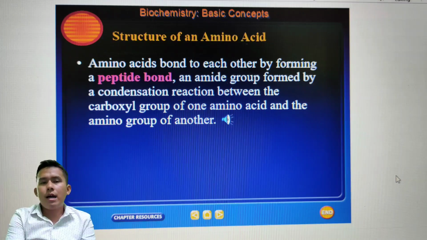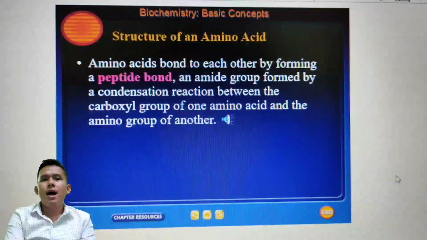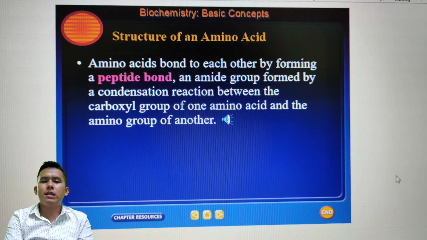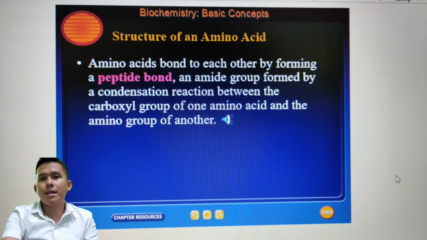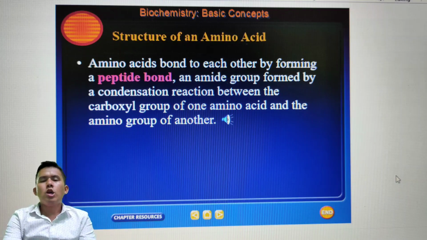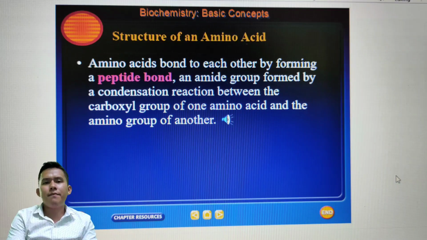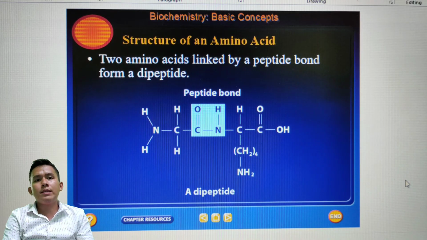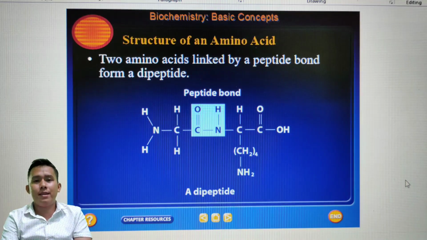Amino acids bond to each other by forming a peptide bond, an amide group formed by a condensation reaction between the carboxyl group of one amino acid and the amino group of another. Here in our presentation we have the structure of a dipeptide.